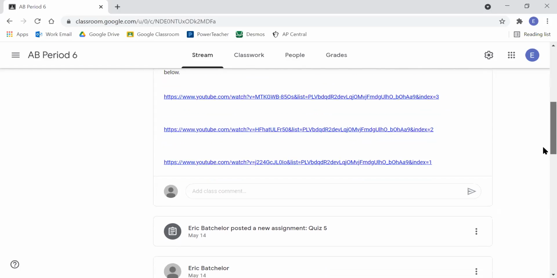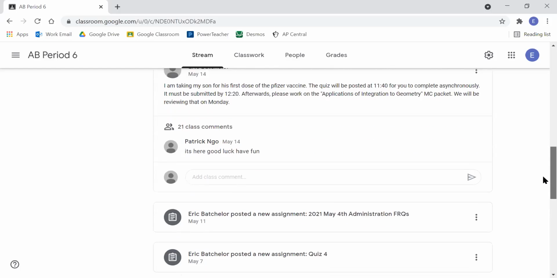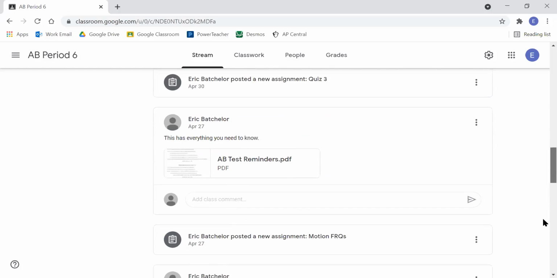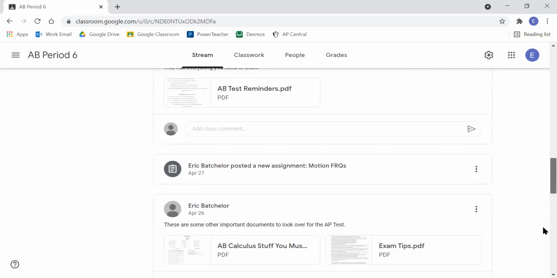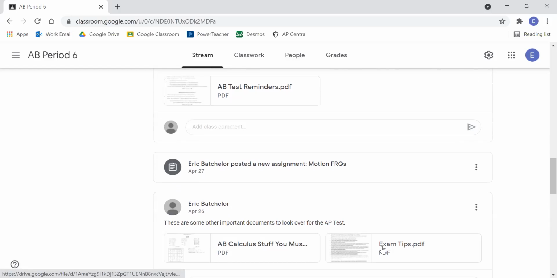And then the other thing is these 3 documents down here a little bit further. So the AB calculus stuff you must know, just make sure you know all this stuff. There are some exam tips. These 2 documents I did not create myself, but they have good information in them, and it's all stuff you should know.